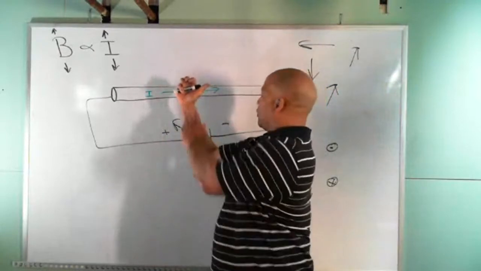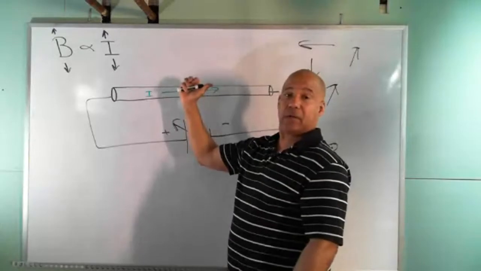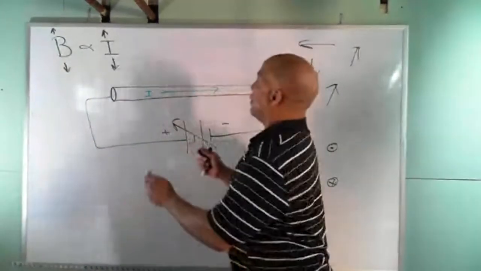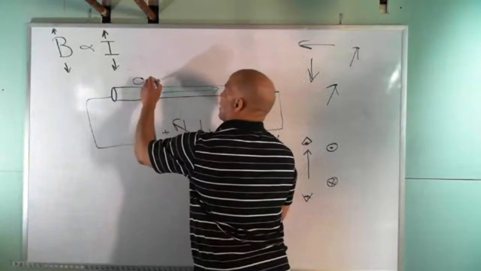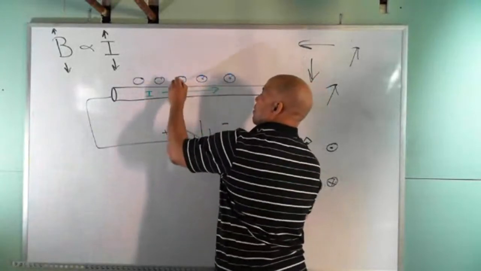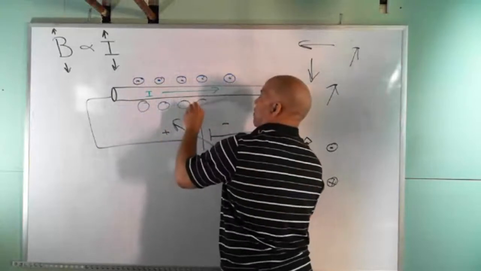And the back of my hand, which represents the bottom of the arrow, is at the bottom of the conductor. So when I draw the flux field around the conductor, I'm going to show the dots at the top and the X's at the bottom.